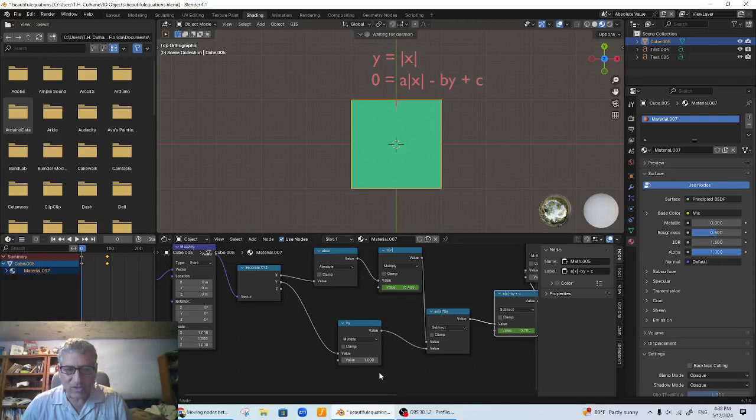Is there another value we can change? Let me go to the halfway point here. There's a B. Oh, that flips it around. Oh my gosh. All right, so that gives an idea. What if we started it down and we were at 1, and we let it go until it gets to here. So we keyframe that.